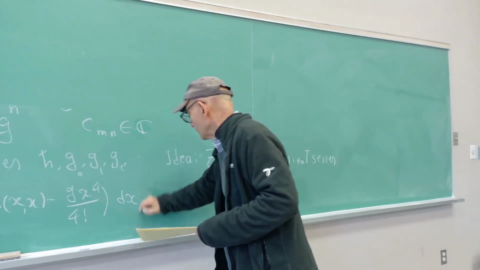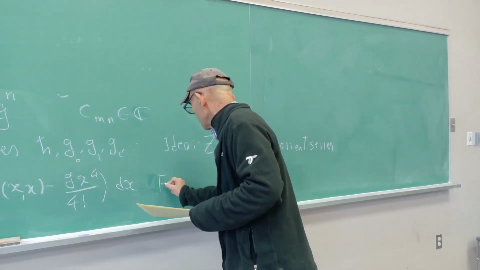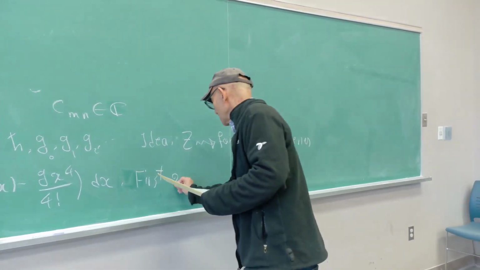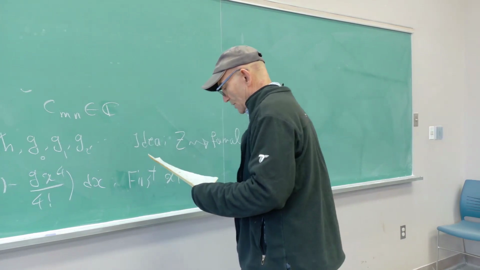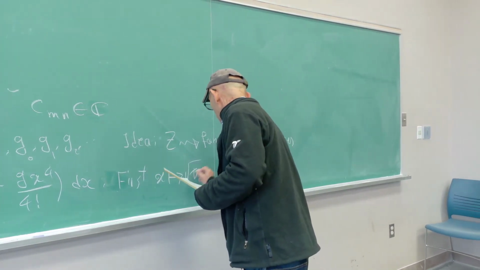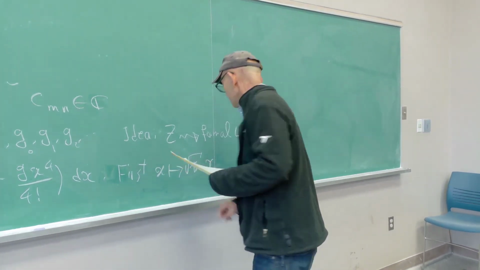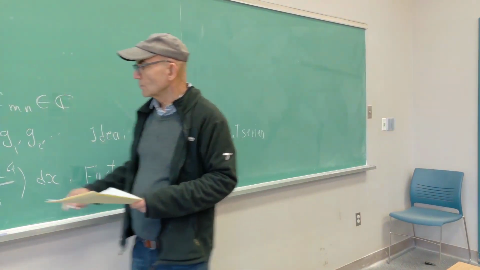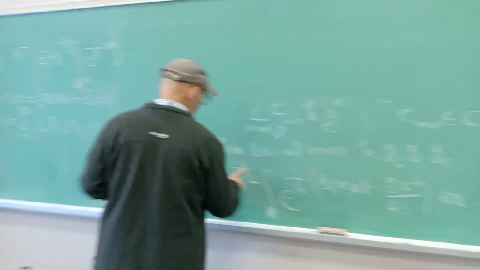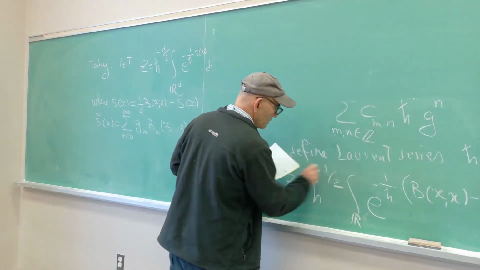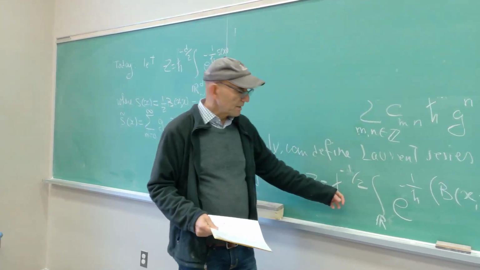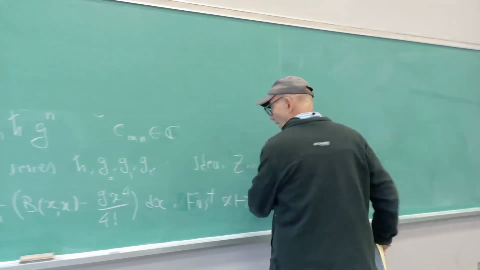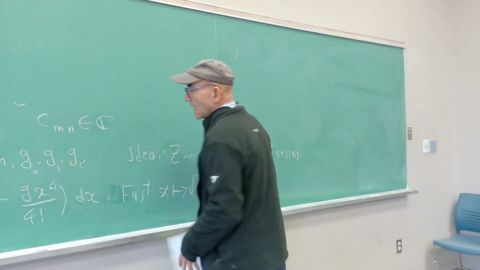First of all, we do a change of variable. We change x to root h bar x. Once you do that, you get rid of the h bar in front, because this dx will pick up this factor, so this cancels that.